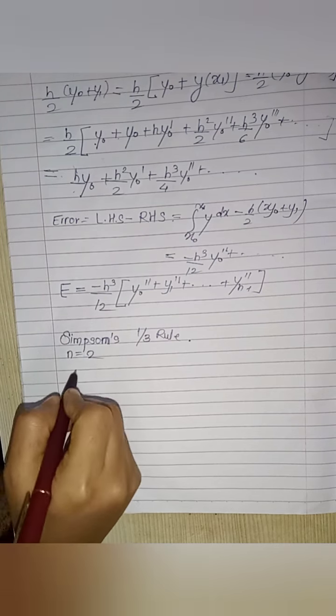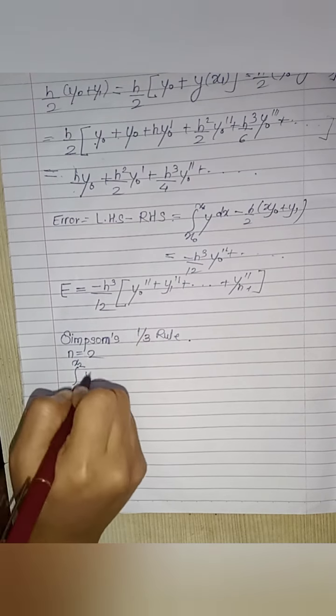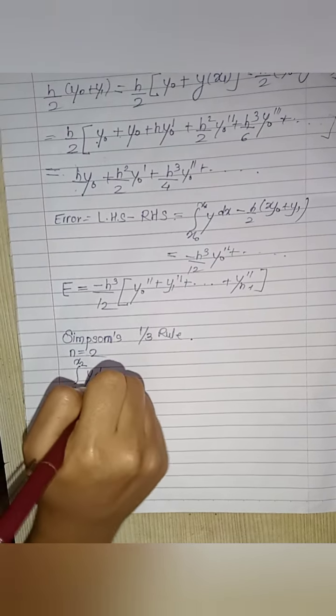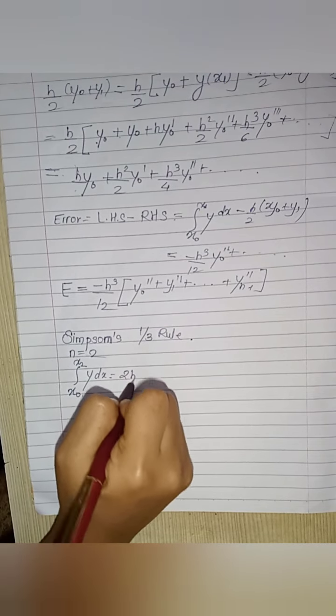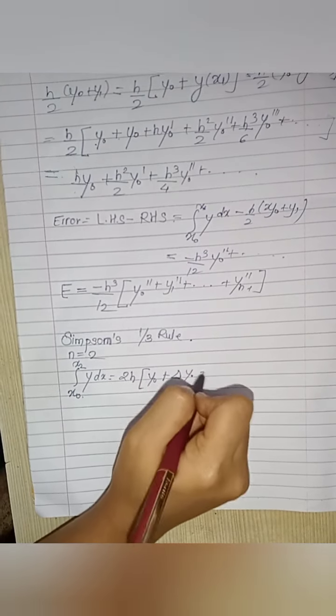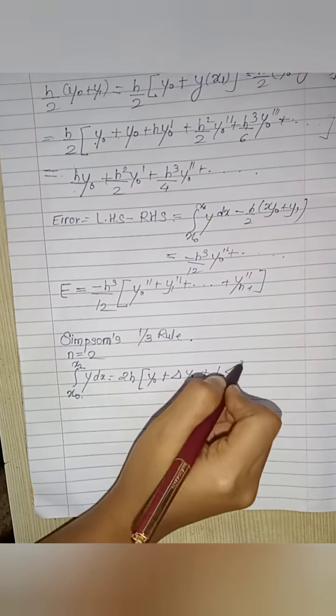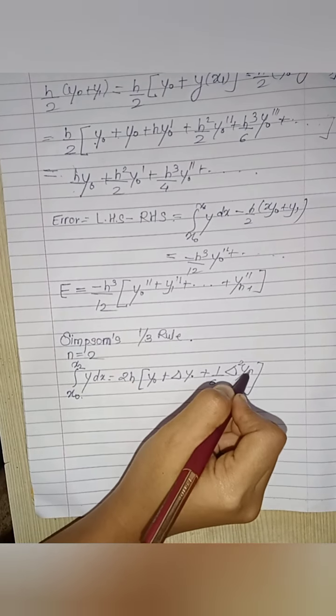So to calculate this, we'll have integral x0 to x2 y dx equals, after substituting n equals 2 in RHS, 2 into h into y0 plus delta y0 plus 1/6 delta square y0, sorry.